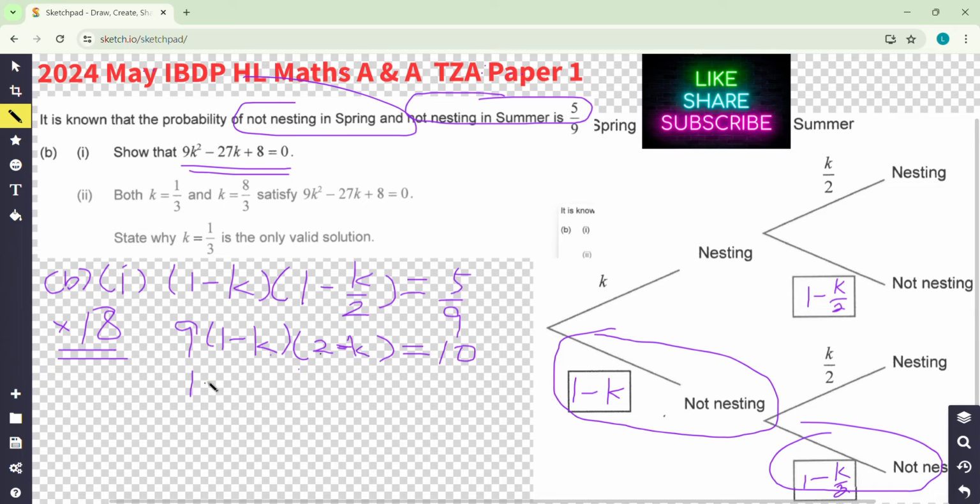So now it's 18 plus 9K, plus 2 minus 2K, minus K, so it's minus 27K, and then minus K plus K squared, so plus 9K squared. Remember, it is showing the result, so you need to do a lot of intermediate steps, and then you move the 10 to the right, and then you get the result. You still need to copy it once.